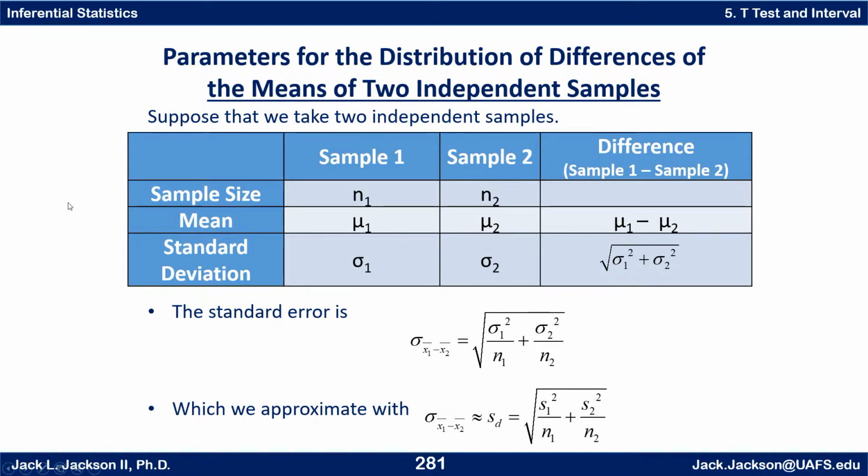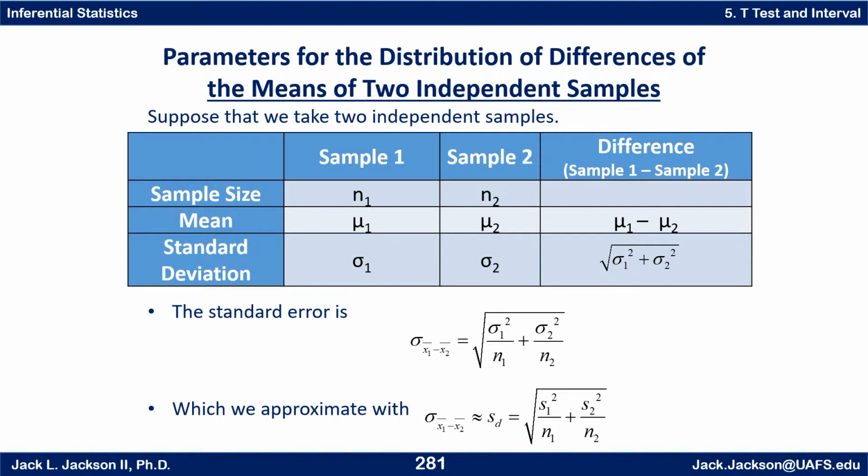So let's put that to work and make sure we got this. If we have two independent samples, sample 1 has size n1, sample 2 has size n2. The population that sample 1 comes from has mean mu1. The population that sample 2 comes from has mu2.